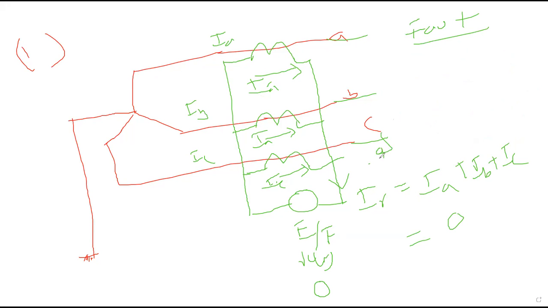Let's say phase C is 0 over here. It is ground faulted, right? So whenever one phase is grounded, this relationship of perfect balance will not be sustained. IA may be, for example, 10 at 20 degrees, IB may be 10 at 180 degrees, and IC may be, for example, 20 at 0 degrees.